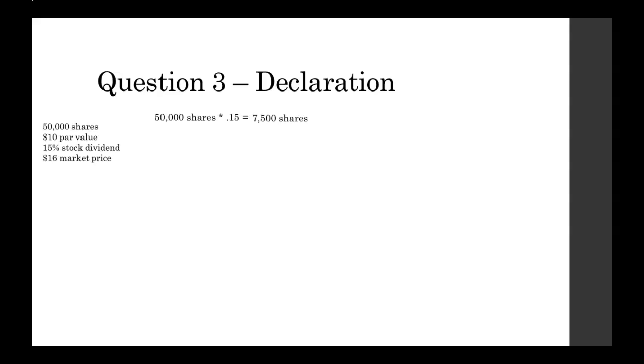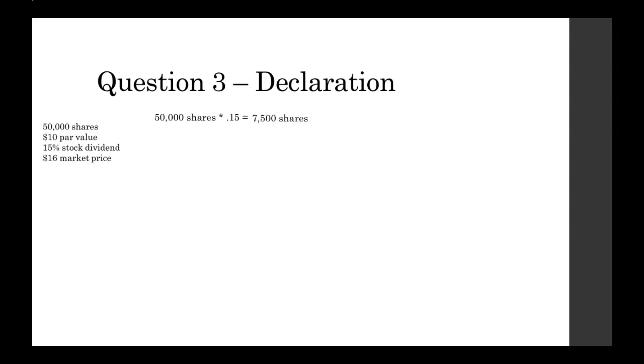And we'll see that in this stock dividend that we are declaring and issuing in this example, we are handing out 7,500 shares. So we'll use that 7,500 as we are working through these journal entries.